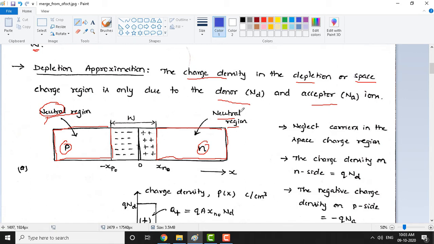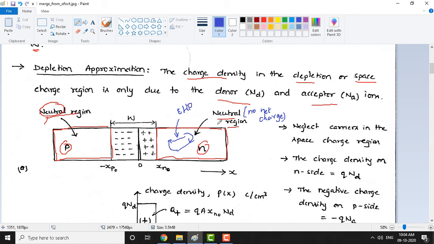The reason we call it neutral is because there is no net charge here. What do you mean by no net charge? In this region you don't find any one particular type of charge, because there are equal numbers of electrons and holes. This n-type semiconductor has a conduction band and a valence band; electrons keep moving to the conduction band, holes keep moving to the valence band, equal numbers of electron-hole pairs are generated, and that keeps the entire material neutral.